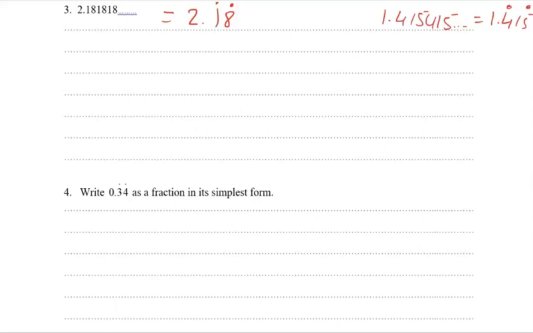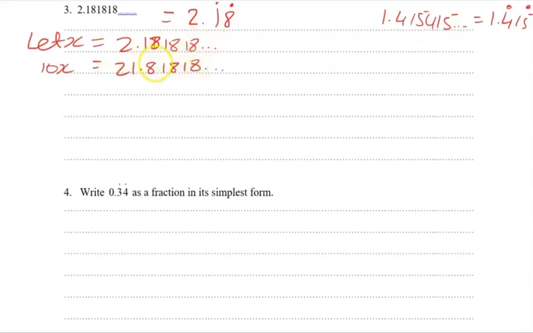So back to question 3. We're going to write down let x equal to 2.18 recurring. Now we're going to multiply both sides by 10. We're going to get 10x, that's 21.81818.